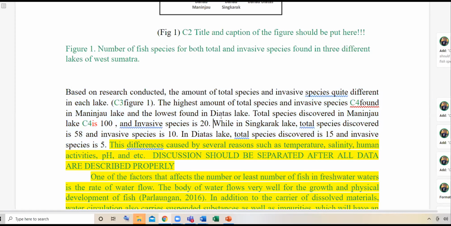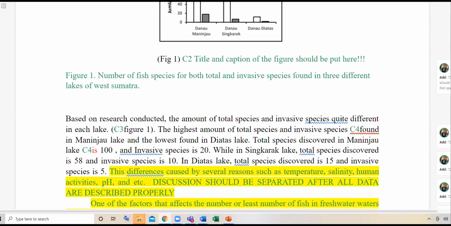So, okay, let me put my critique on this part. This is the correct one, how you express and describe this data. But remember that when we describe the facts, the findings, do not put vague or non-specific sentences. This one, "quite", is something indefinite in the results, so you have to remove this.